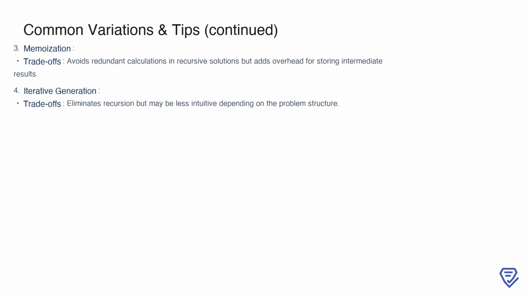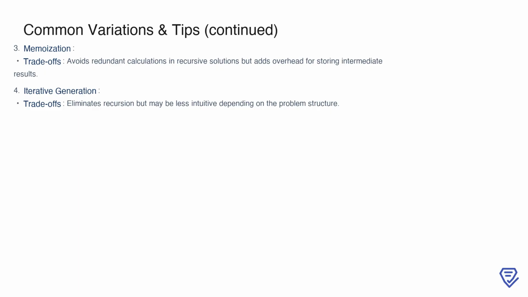Memoization is closely related to dynamic programming but is typically applied in a recursive context. It avoids redundant calculations by storing the results of expensive function calls and reusing them when the same inputs occur again. While this can dramatically improve performance, it does add some overhead for maintaining the storage of intermediate results. Another approach to consider is iterative generation, which eliminates recursion entirely.